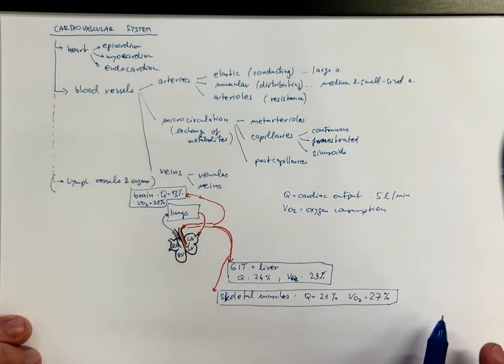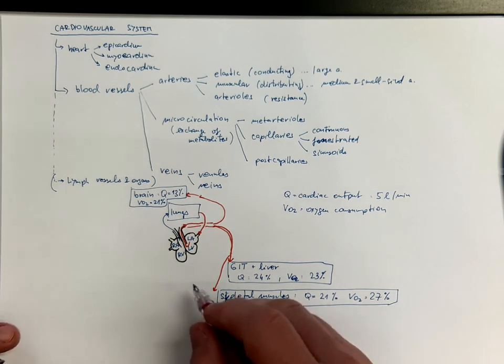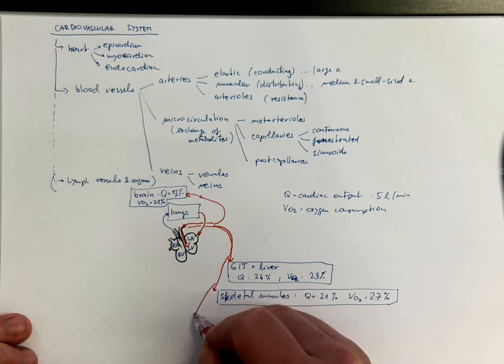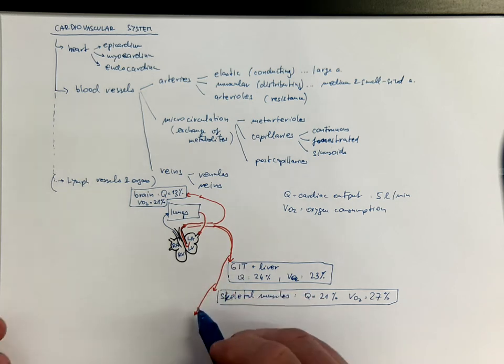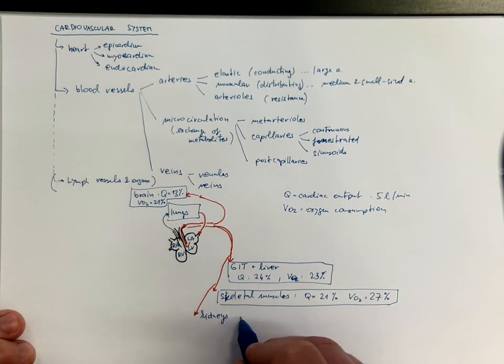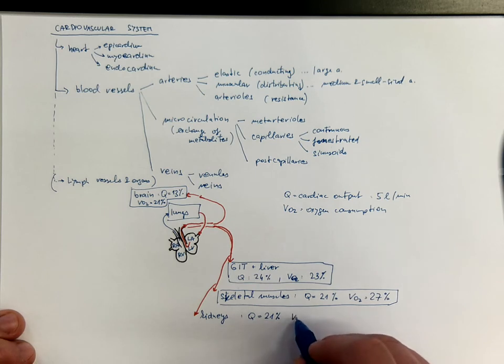This might vary according to the activity of muscle. Then we have the kidneys. Approximately 20% of the cardiac output flows to the kidneys, much more than proportional to the oxygen consumption.